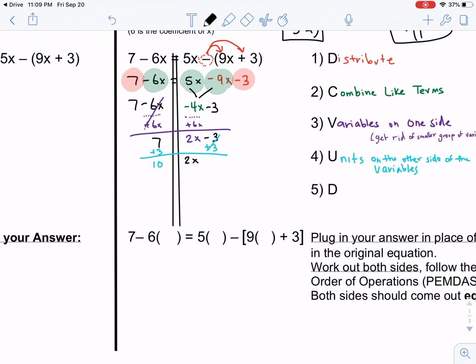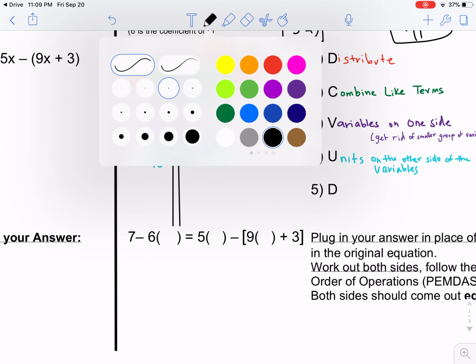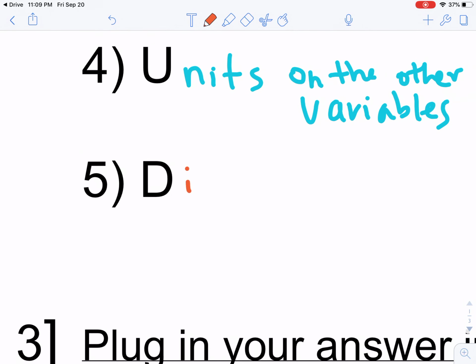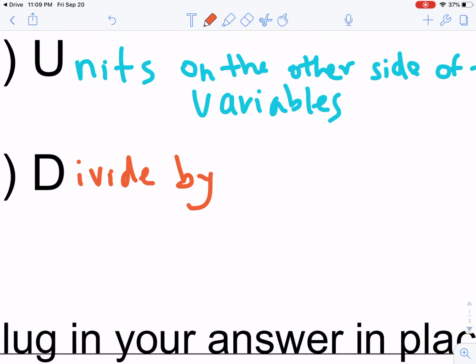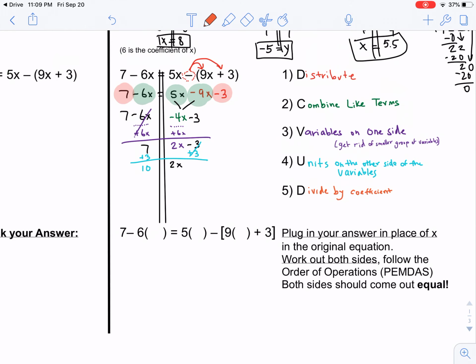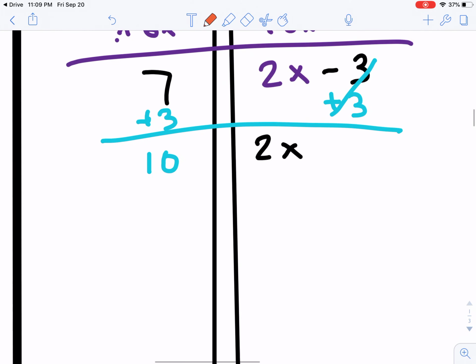Alright. Last step here is, let's choose orange. Divide by the coefficient. And remember, the coefficient is the number in front of the variable. So we're going to divide both sides by 2.